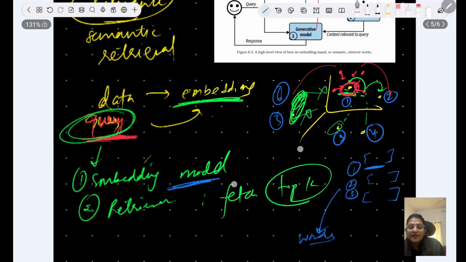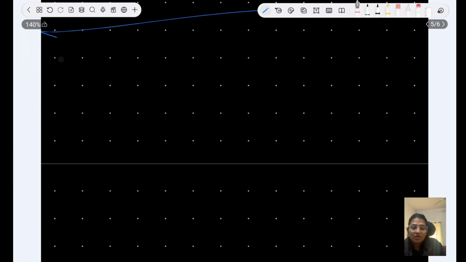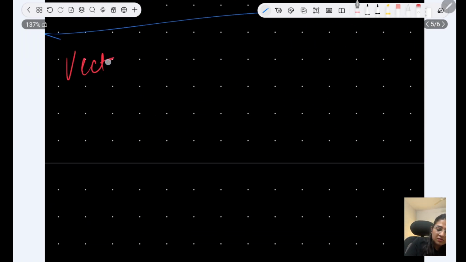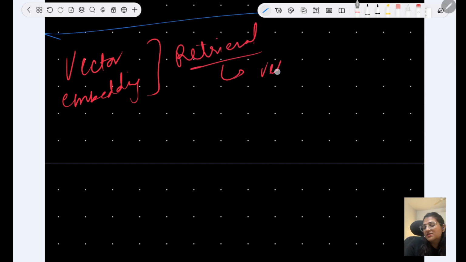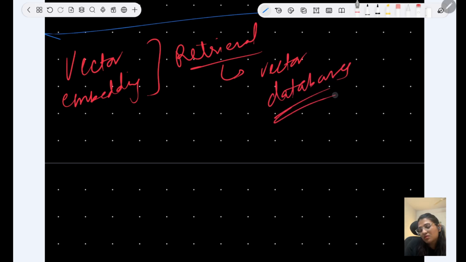Okay. Now, another thing that came out of vector embeddings and using them for retrieval is vector databases. Vector databases are actually a product of embedding-based retrieval, because this method is so efficient in capturing the meaning of different words.